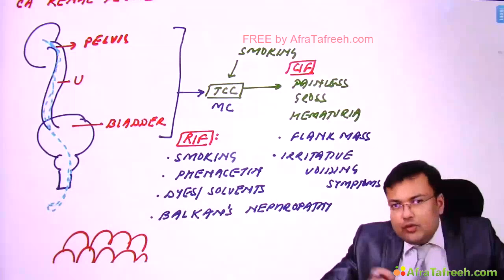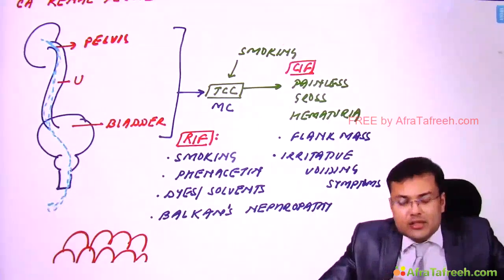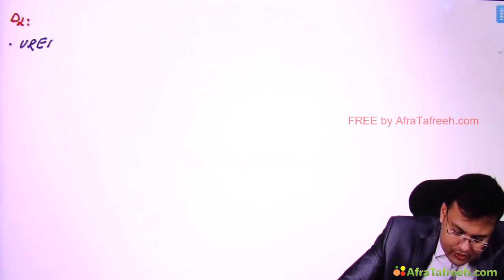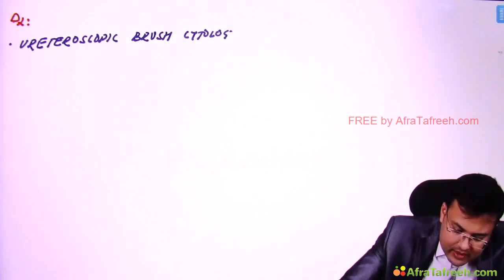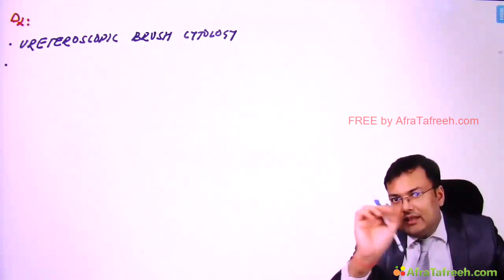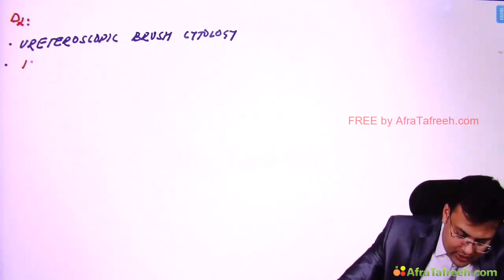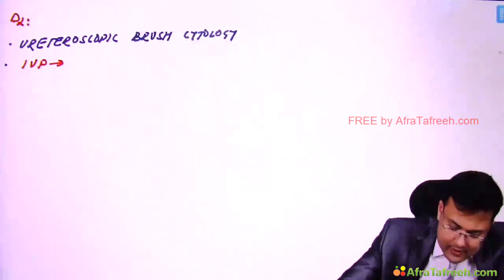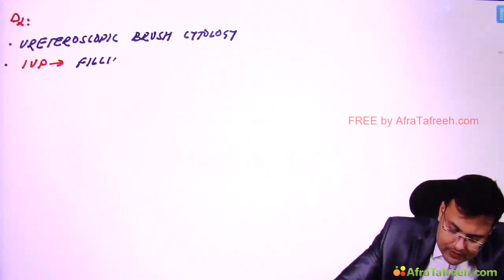So by this ureteroscopic brush cytology also you make the diagnosis. Okay. Suppose we are going to perform IVP. On IVP, we can see that there is a filling defect.